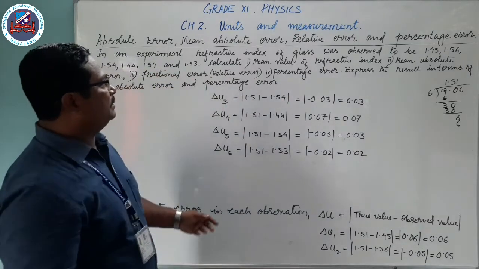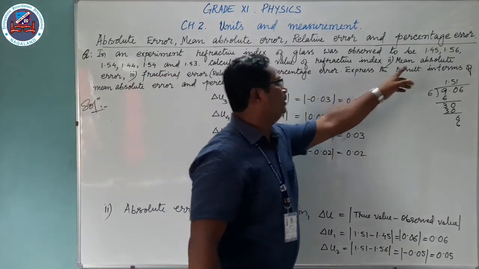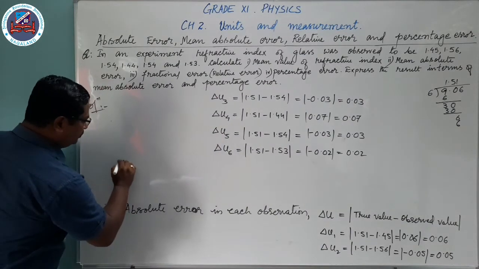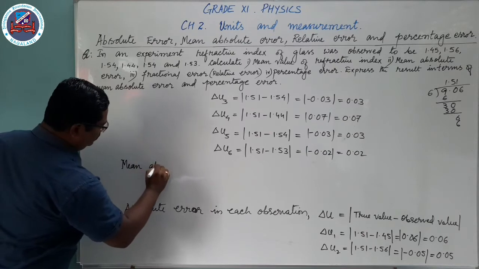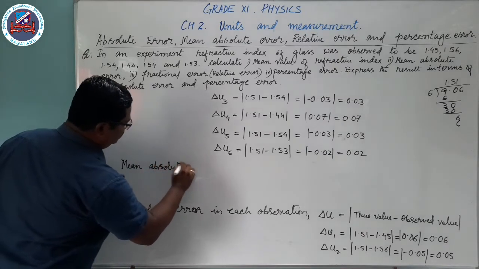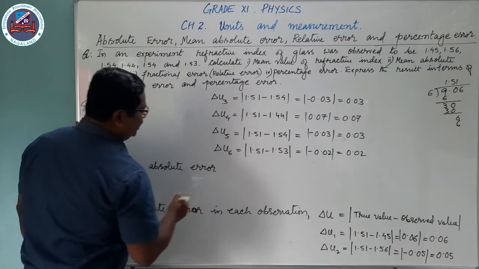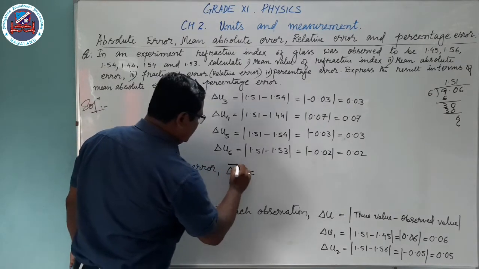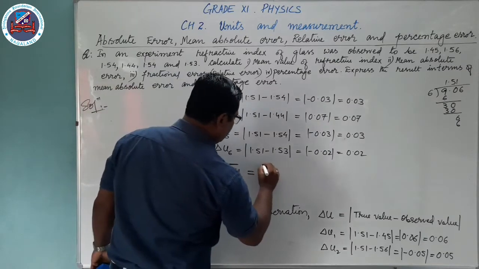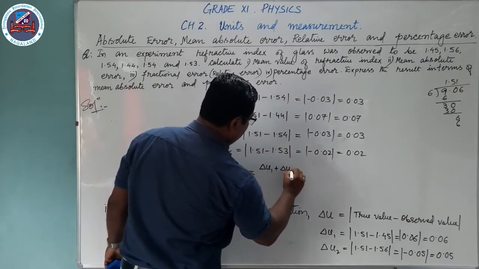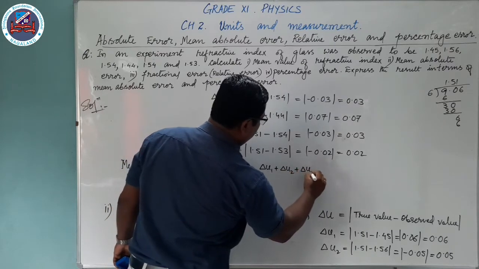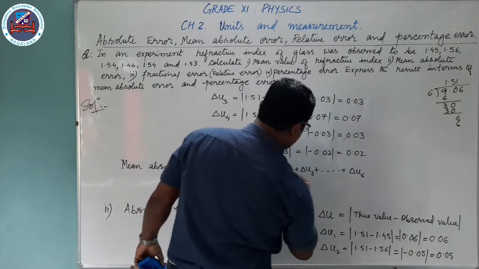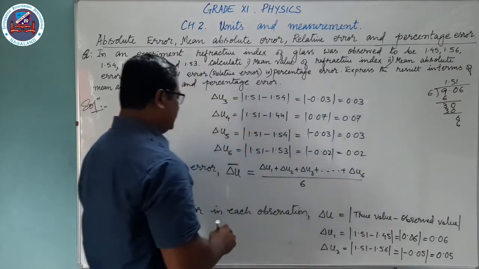After doing this, then only you can find out the mean absolute error. The mean absolute error, we will write delta U bar. Bar indicates mean. Then it will be delta U1 plus delta U2 plus delta U3, going up to delta U6, divided by the number of observations, which is 6.